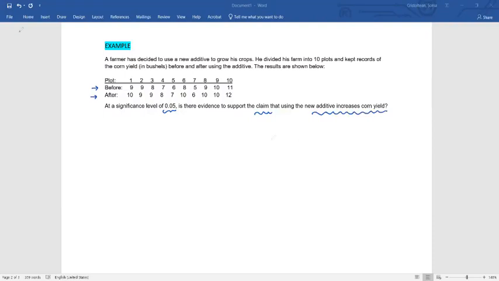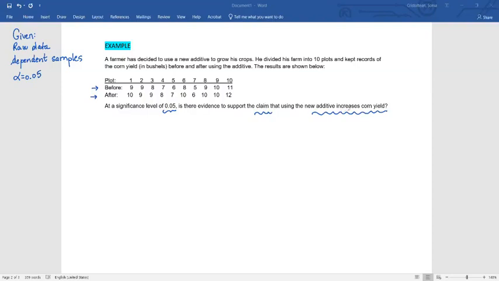is there enough evidence to support the claim that using the new additive increases the corn yield? So I'll write down the given information, and I will simply say I have raw data, and I will also add that we are dealing with dependent samples. And why? Well, because this is a before-after situation. Okay, we have this in the table, and alpha is 0.05, and I'll also try to see which one is the claim.